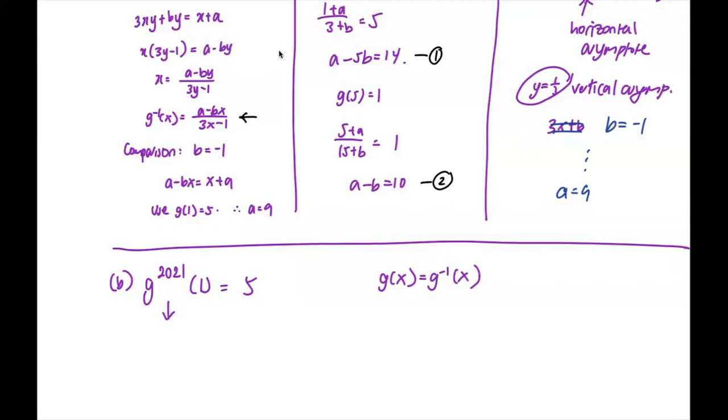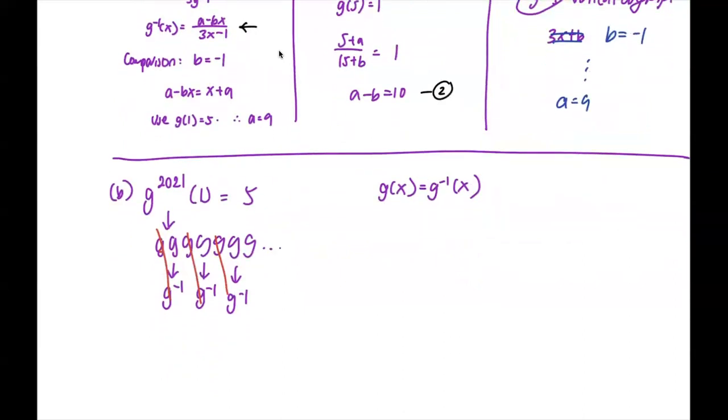So like I said just now, this is just g. Take the g, put into g inverse, take the g, put into g inverse, and cancel. So everything will cancel, and you're just left with one copy of g, because of an odd number of copies, you're left with g(x) or g(1) in this case, which is just 5 from the question.